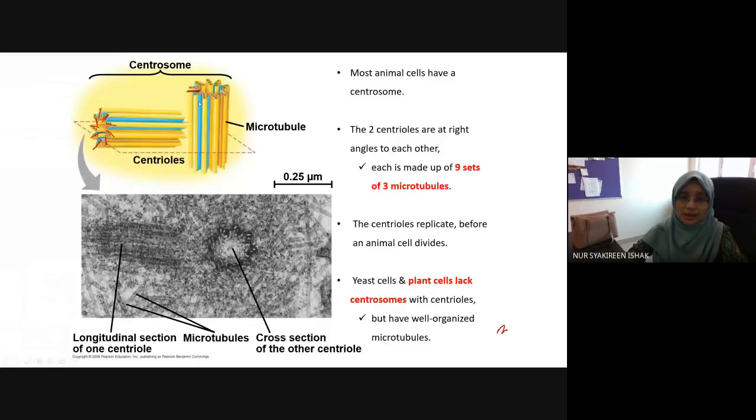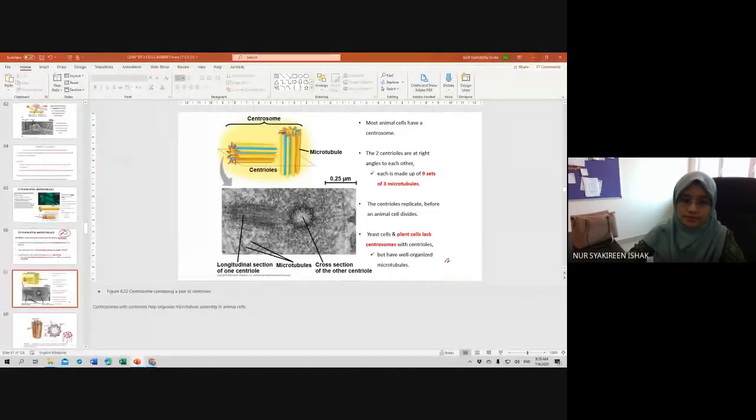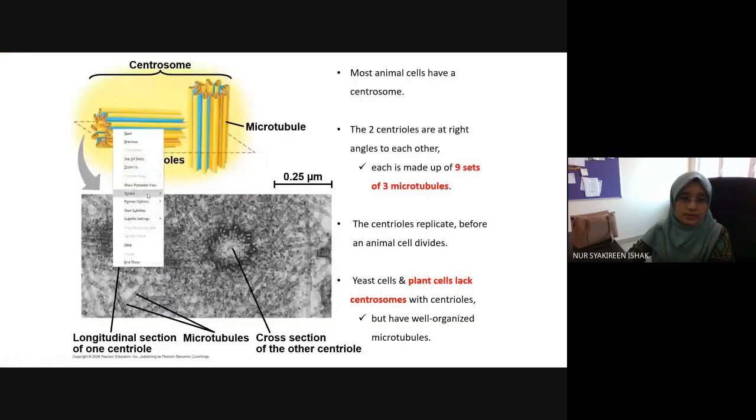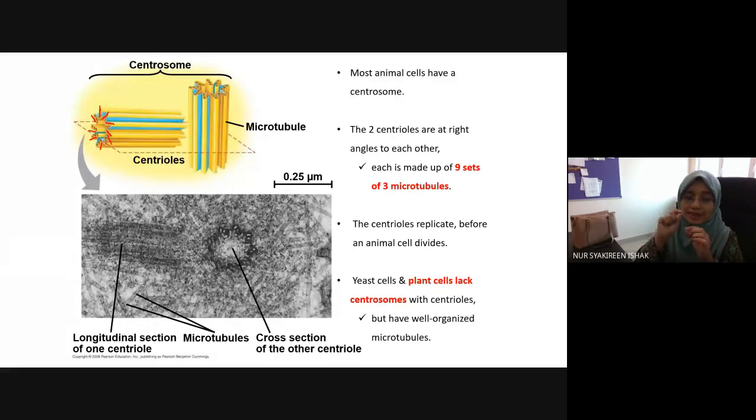If you look at the picture, there are 1, 2, 3, 4, 5, 6, 7, 8, 9 sets, arranged in triplets, that form a ring. That's why the structure is called the 9 times 3 structure.